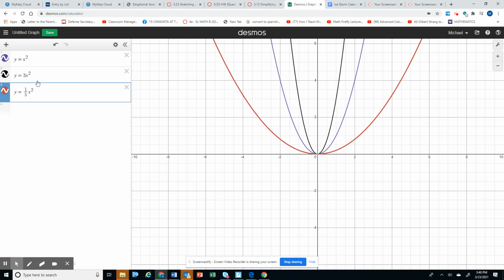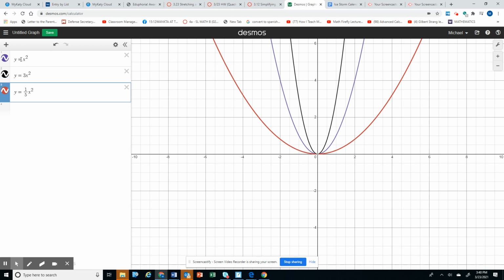If you notice now, the widest one is the one with a fraction. And if you look at the purple graph, x squared, the coefficient of x squared is 1. And then let's look at the black graph, it is 3.